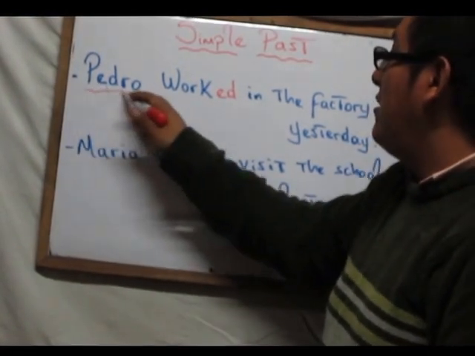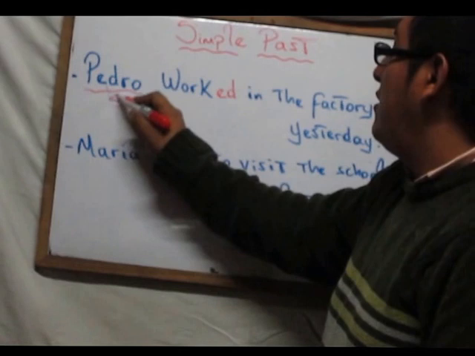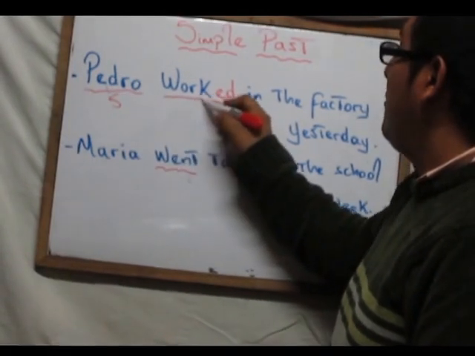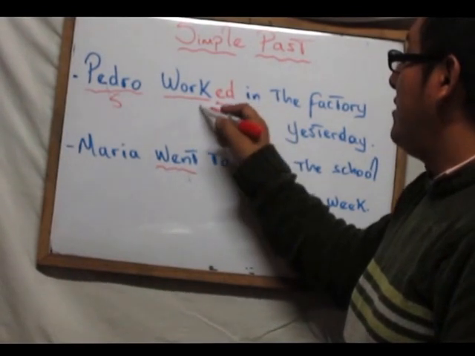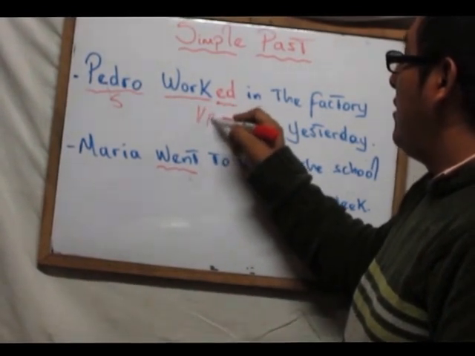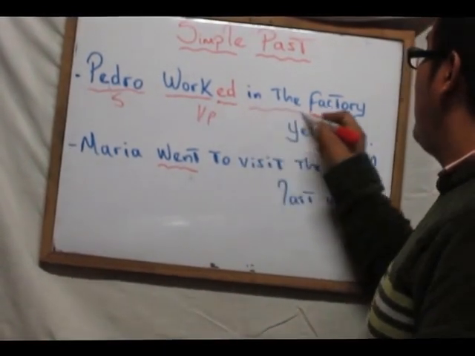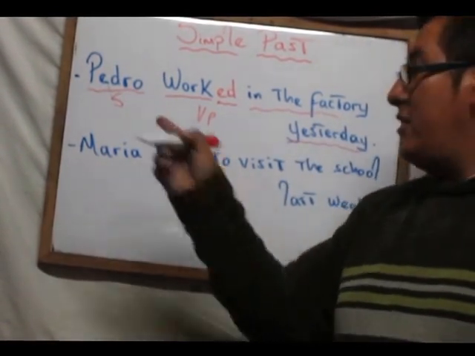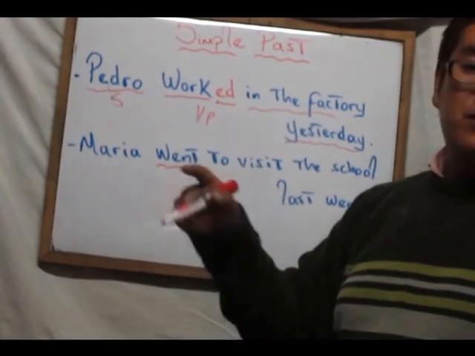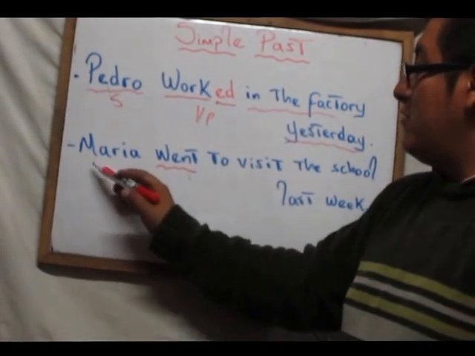Subject, principal verb, but in the past, and the complement, right? And this is the structure, similar to the sentence before.